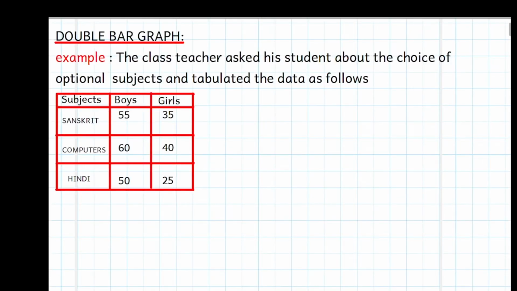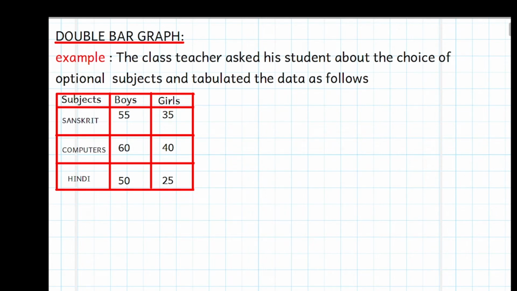Okay, next come to the double bar graph. Same thing, just here two data will be given. In the earlier single bar graph only one data, here two types of data will be given, and from this we have to again draw the bar graph.